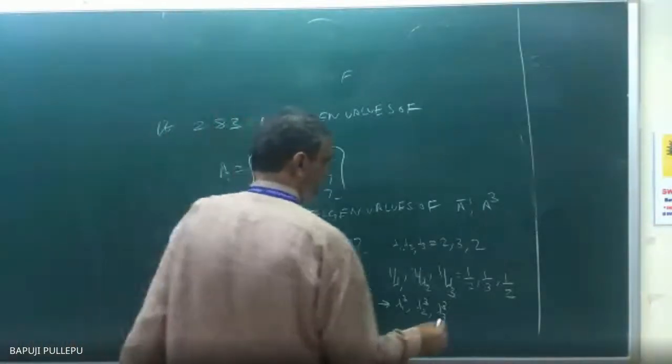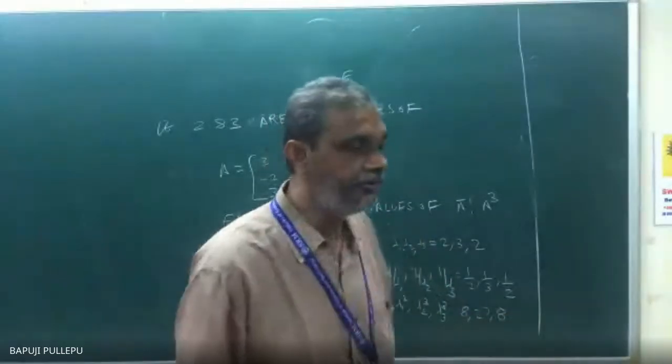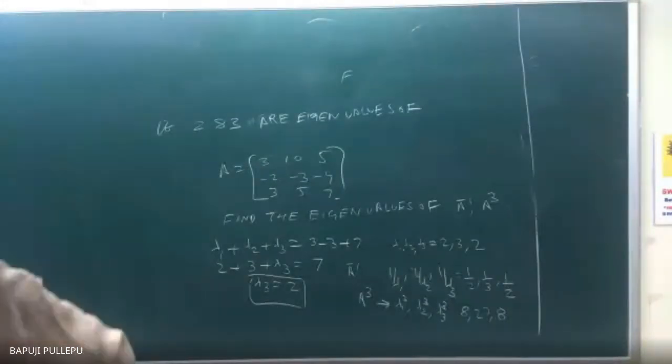So what you will get: 8, 27 and 8. Clear? Any problem? No problem. But copy down fast.